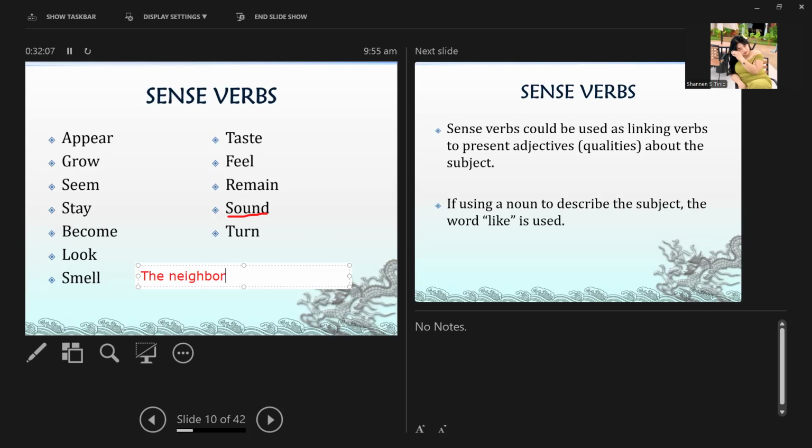The neighbor's amplifier, I guess, sounds annoying.